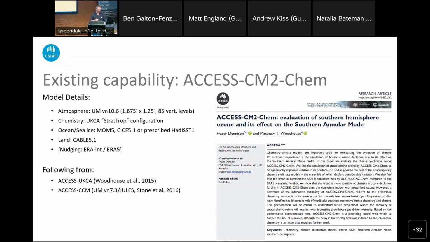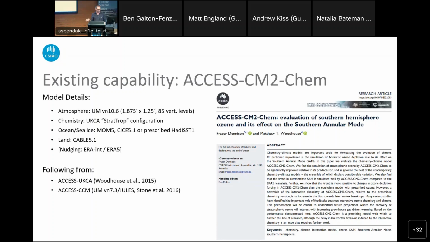There's the usual list of descriptions. One useful thing to point out is that we can also nudge ACCESS, not just ACCESS-CM2 Chem, but ACCESS-CM2 with reanalysis meteorology, and that's a really useful tool to have, especially in composition modeling, but it's potentially useful for a wider audience as well. The history of this composition work actually goes back 10 years or so in Australia, with a couple of different iterations of ACCESS.